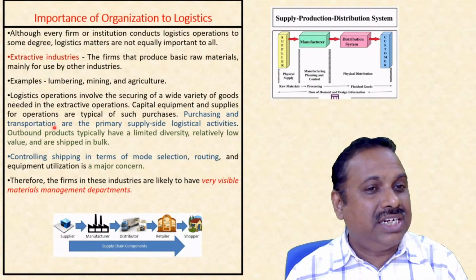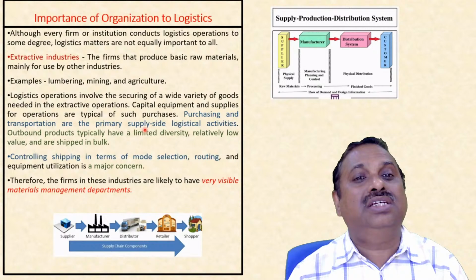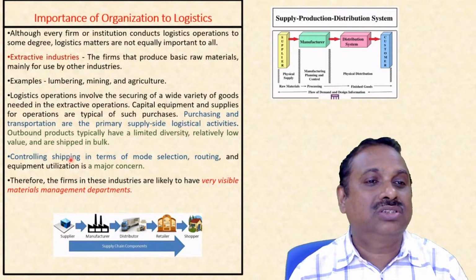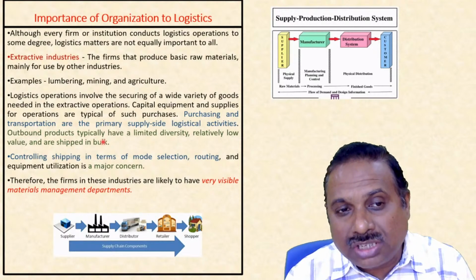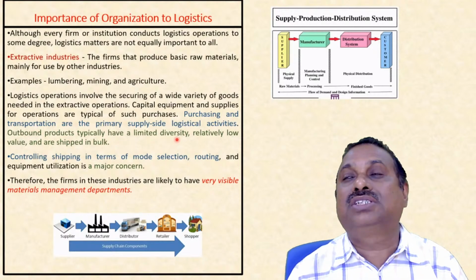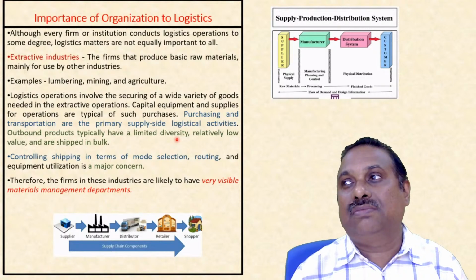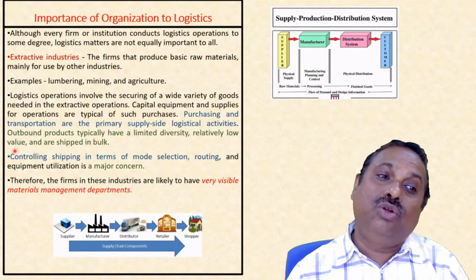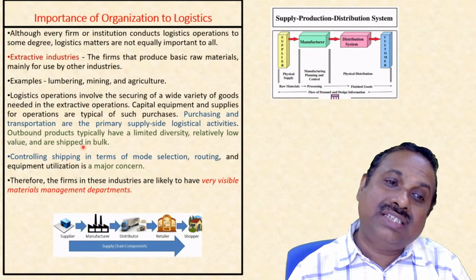So purchasing and transportation are the primary supply side logistics activities, purchasing and production. And outbound products typically also have limited diversity. Mainly they produce a limited variety of finished goods, of relatively low value, and are shipped in bulk.